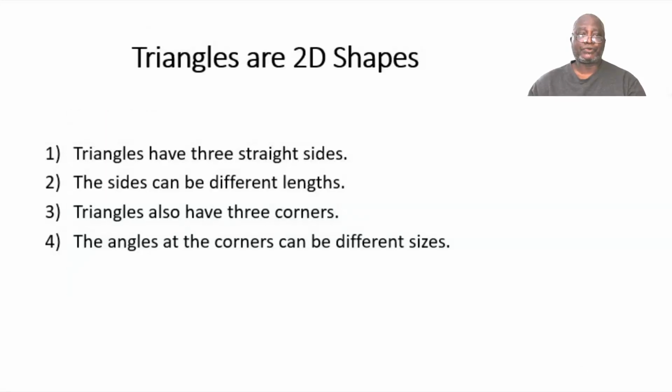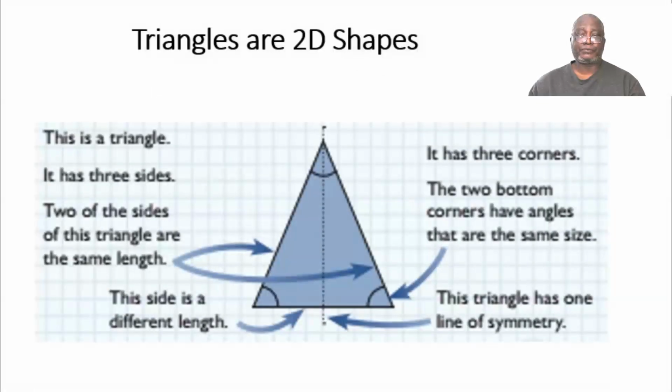Let's look at triangles. They are also 2D shapes because they're flat. Triangles have 3 straight sides. The sides can be different lengths, and triangles also have 3 corners. The angles at the corners can be different, although in certain triangles they can all be equal, or the base angles can be equal as opposed to the top angle. Here is an image of a triangle.